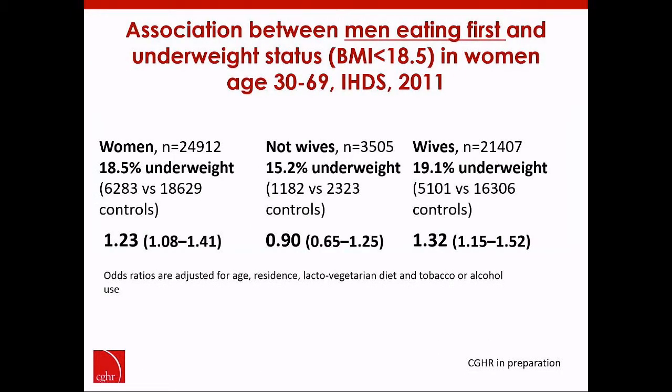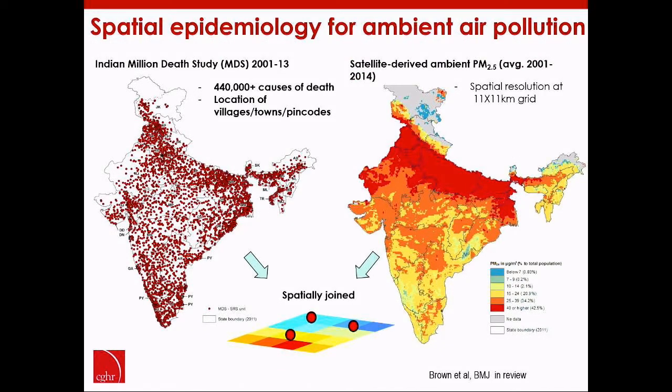And similarly, this earlier adjustment includes taking away the effects of smoking or drinking. So there are novel risk factors that certainly need to be explored, versus low birth weight. Now, one of the other recent conjectures is, well, India is the second most polluted country on Earth in terms of air pollution. Is that playing a role? So you see the distribution of satellite-based particulate matter of 2.5 micron size here, and that's well concentrated in the north of India.